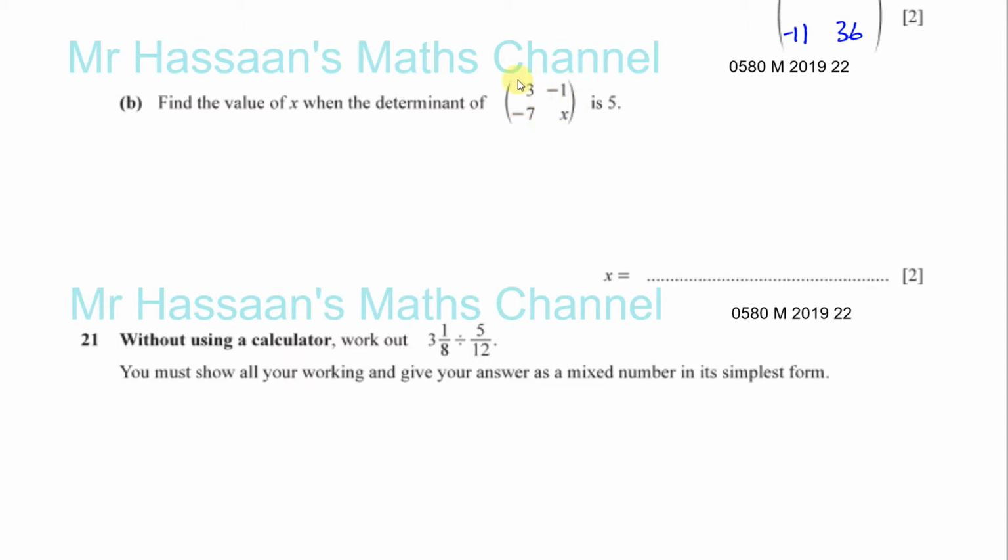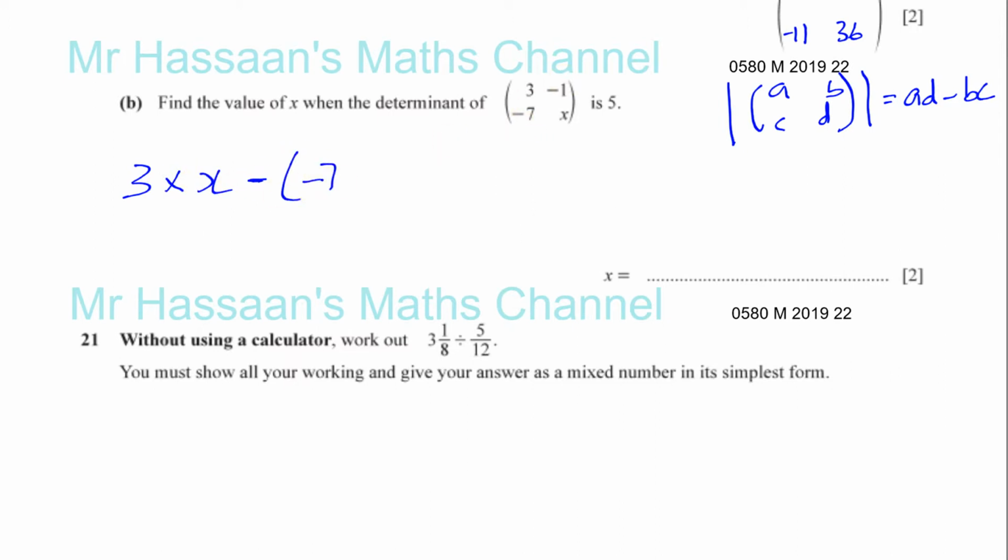So if you have a matrix A, B, C, D, then the determinant of that matrix is A times D minus B times C. So 3 times x minus, you got negative 7 times negative 1. That's the determinant of this matrix, and we know that that's equal to 5.